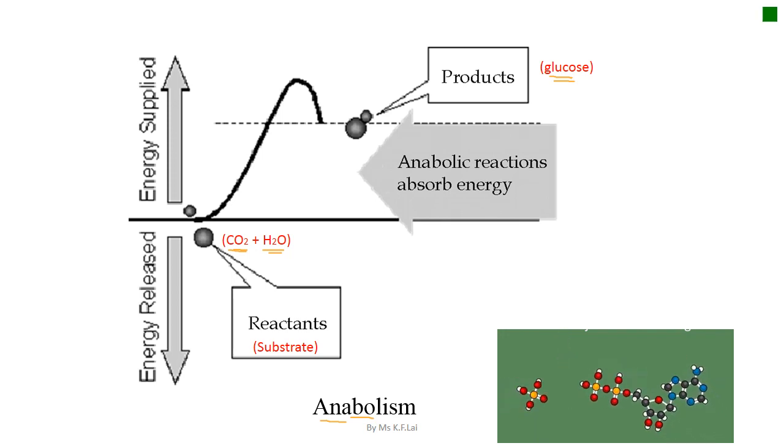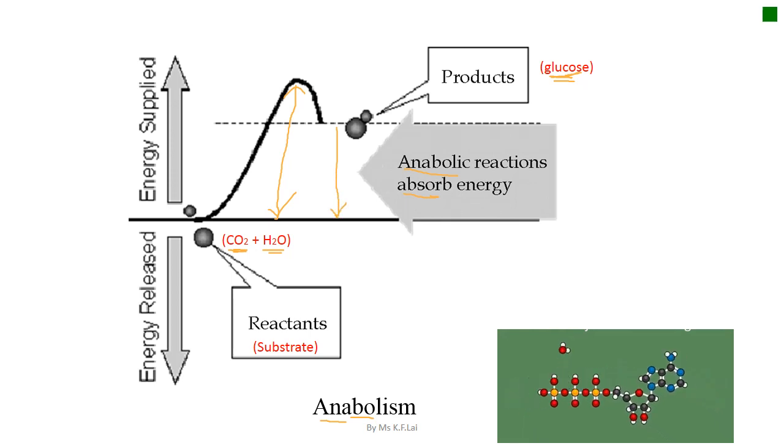So for the reaction to take place, we must supply enough energy to kickstart the reaction. This initial energy supplied to the reaction is called activation energy. Note that the energy level increases when it changes from CO2 and H2O. So in this case, anabolism must absorb this amount of energy.